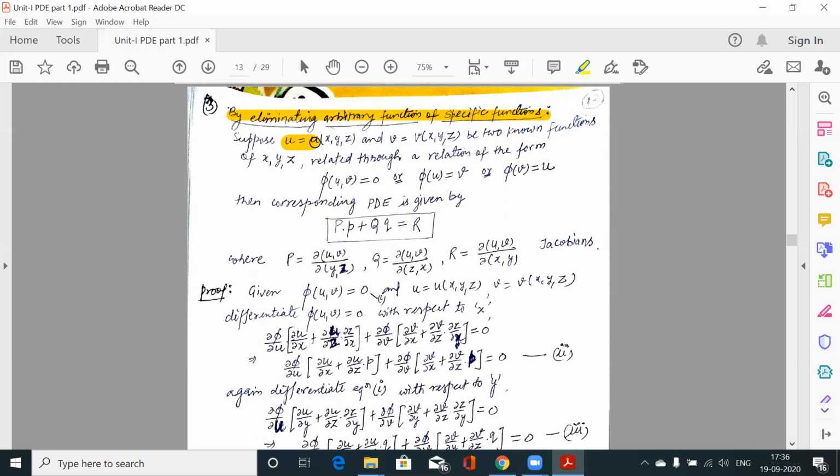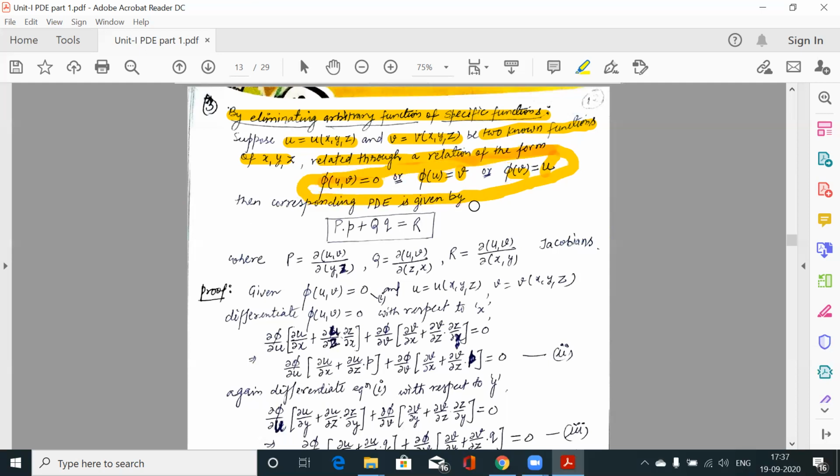Suppose u is a function of xyz, v is a function of xyz, be two known functions of xyz related through a relation of this form: function of uv is equal to 0, or function of u is equal to v, or function of v is equal to u, where u and v are any functions of xyz. If our question is given in either of these forms, then we know the answer.